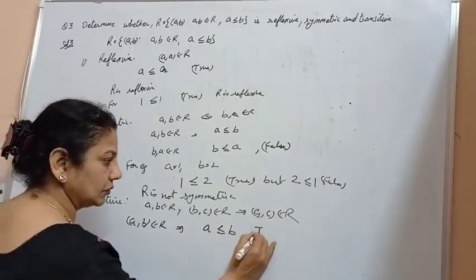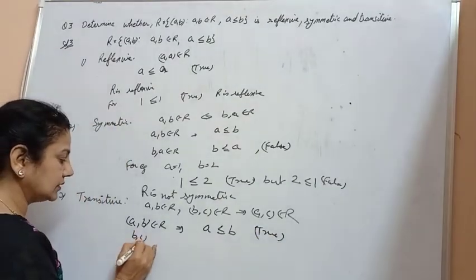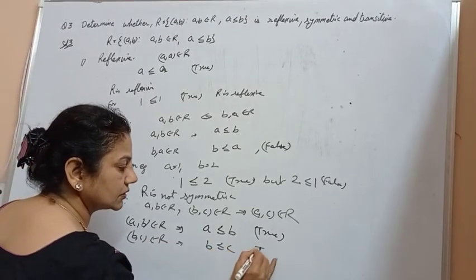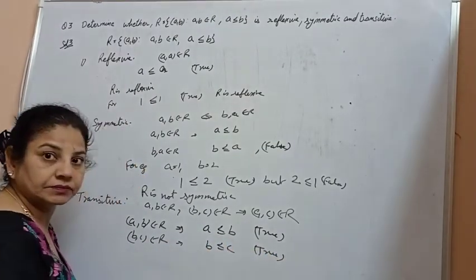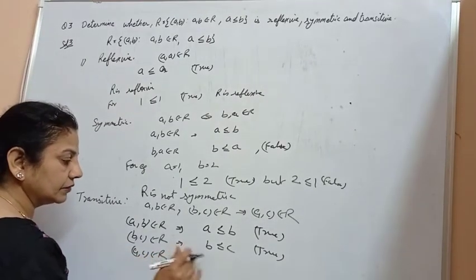This is true, it is given to us. (b, c) belongs to R implies b is less than or equal to c. This is also true, this is given to us. Then (a, c) belongs to R. This we have to prove.